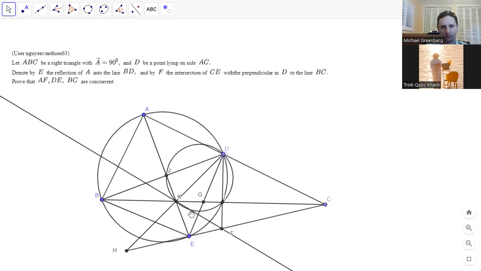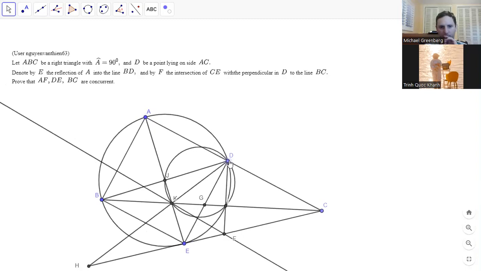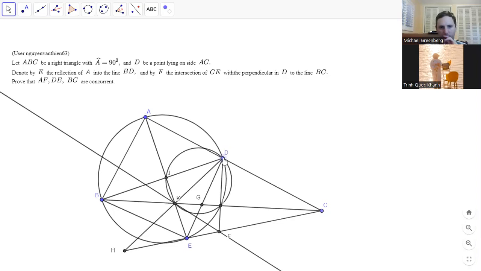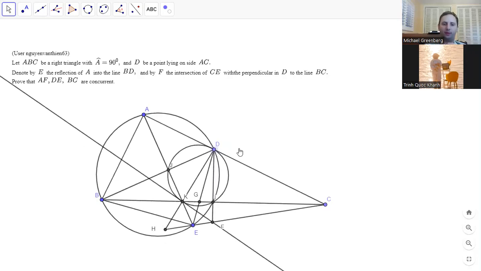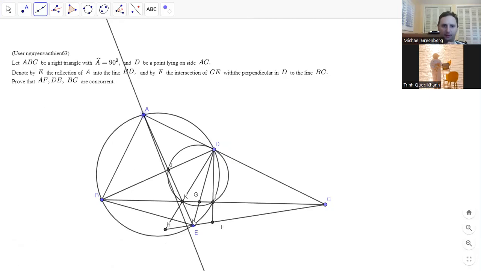Can we, yeah, what's a good point to project through? If DF cuts AE at X, yeah, okay, that might be a better, yeah. So instead of H, we could try to make point X. I kind of like that.